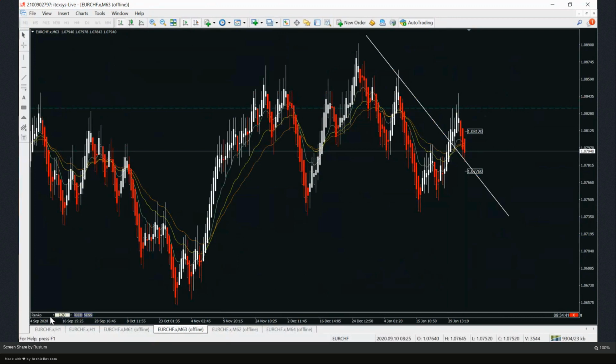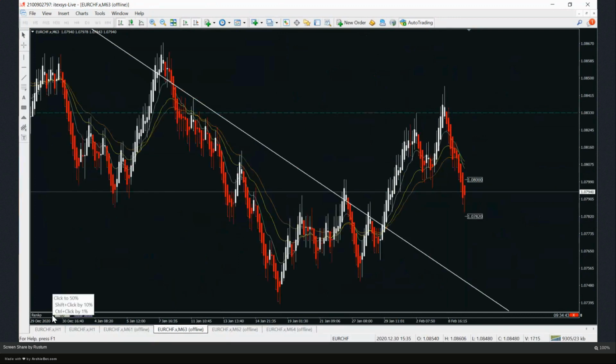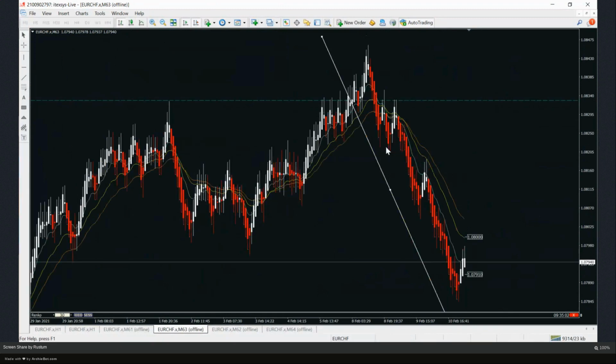Then on your M6, you are looking for, because you are fairly long bias, and here you don't have that structure. This is the example where you don't have structure on M6 because it's just a line going down. Now you are looking for your structure on M3, and this is a 1, 2, 3, 4, 5 wave move down.